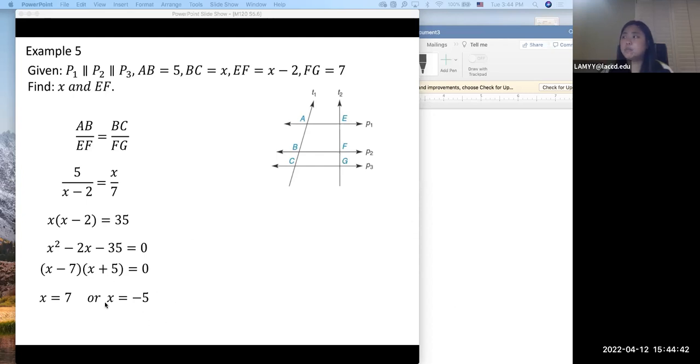Okay, x cannot be negative, right? So we reject this answer. We're talking about the distance, it has to be positive. So x equal to 7.